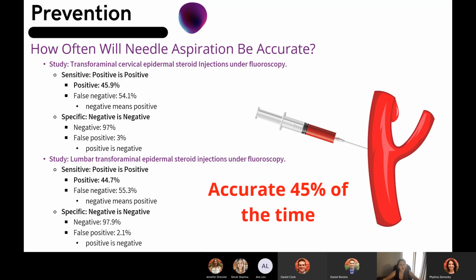That's not very reliable. So the recommendation is to pull back on the plunger for at least 5 to 10 seconds in 2 different planes to help reduce those false negatives. But even still, it is not an accurate means of predicting if you're in intravascular space or not.